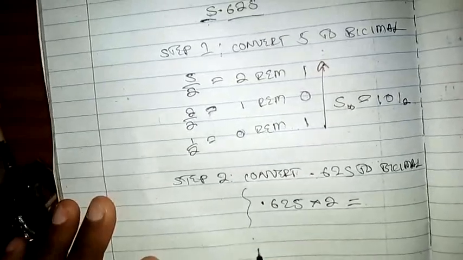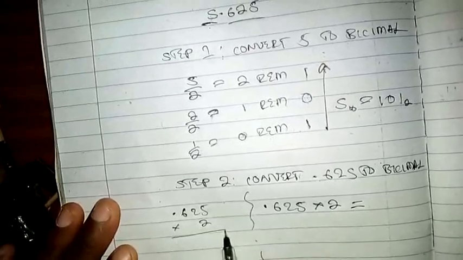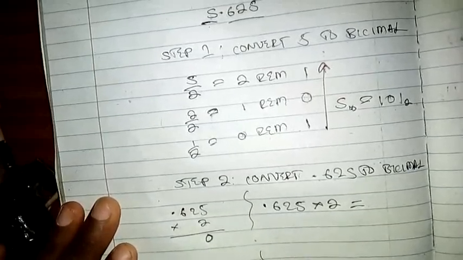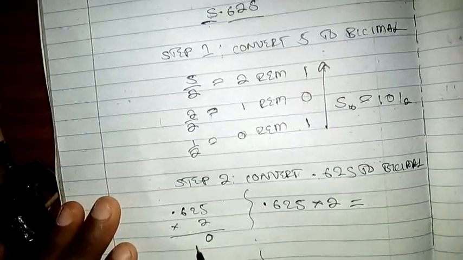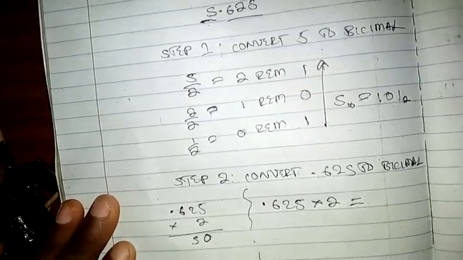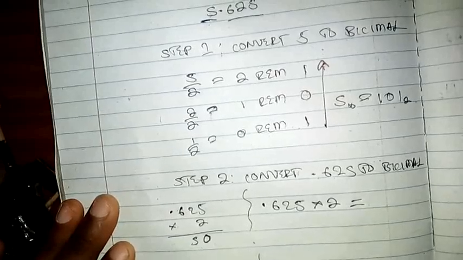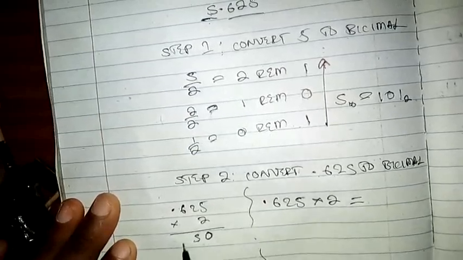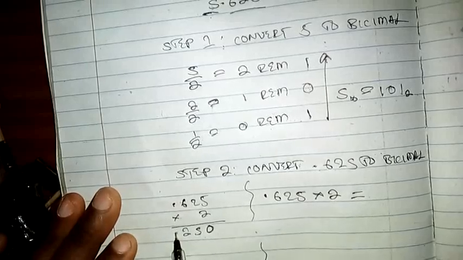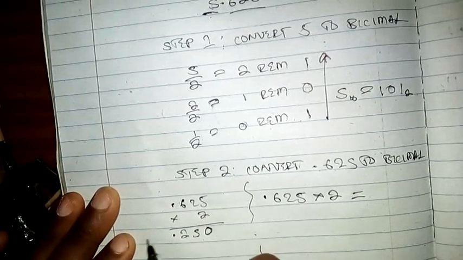0.625 multiplied by 2. 2 times 5 is 10, so 0 carry 1. 2 times 2 is 4, plus the 1 we carried, which is 5. 2 times 6 is 12, so we write a 2 and carry 1. We indicate the decimal point, and since there is no other number left to multiply, we write the 1 we carried.